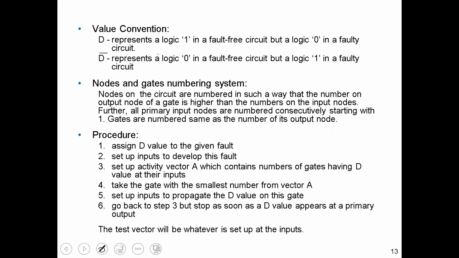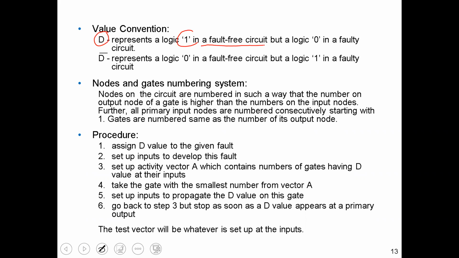So here again, it assumes a single fault. We assign a logic level D to represent a logic 1 in a fault-free circuit, but in a faulty circuit, it will be 0.